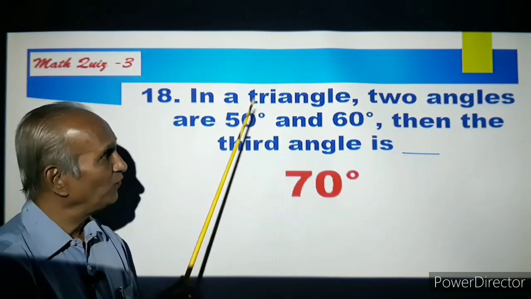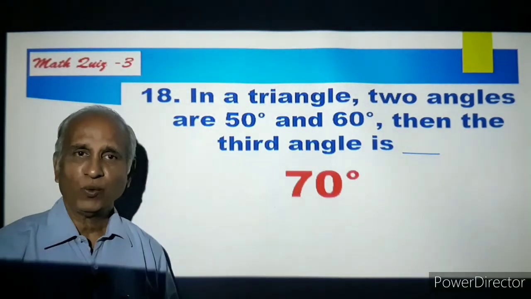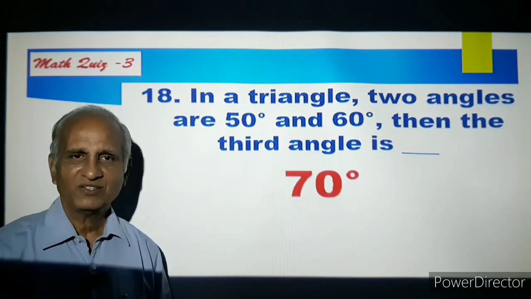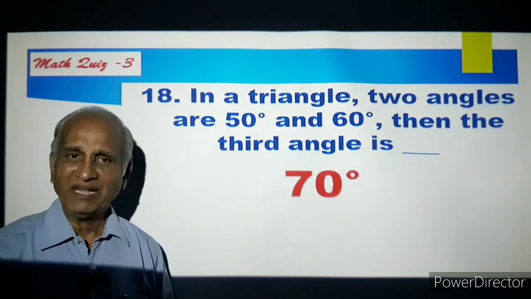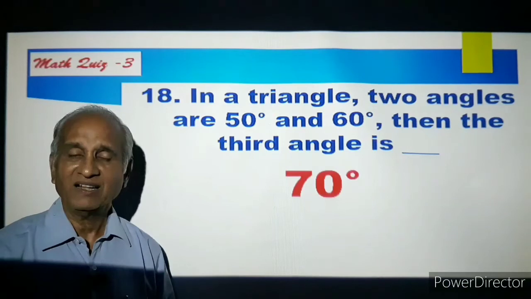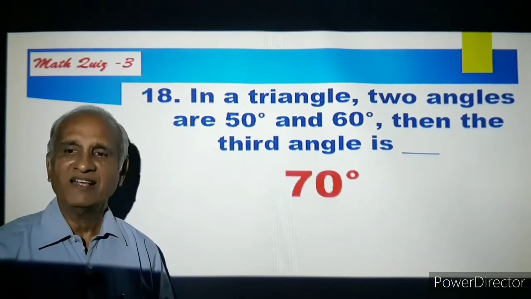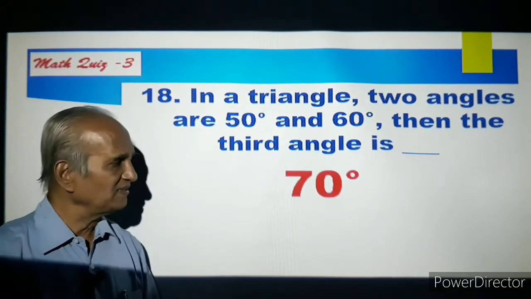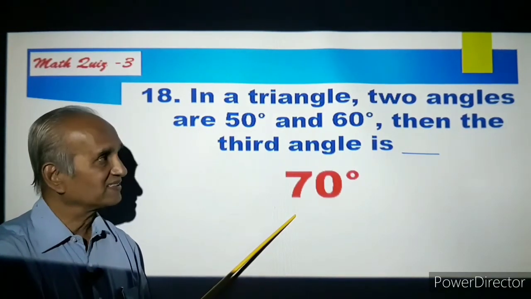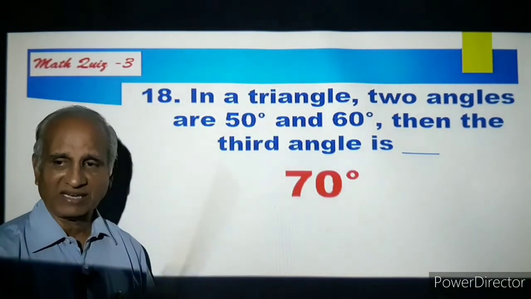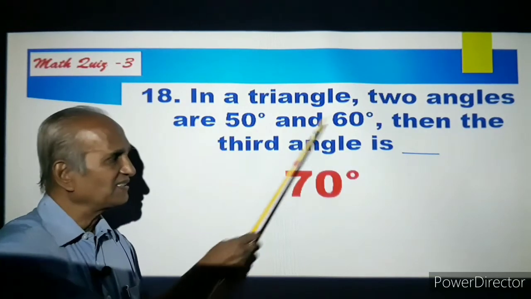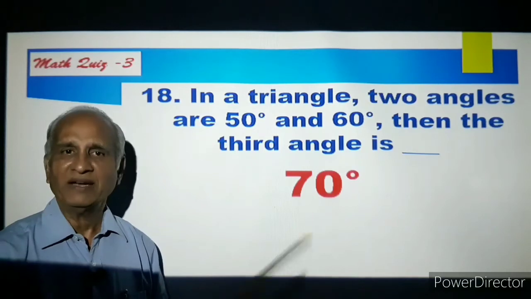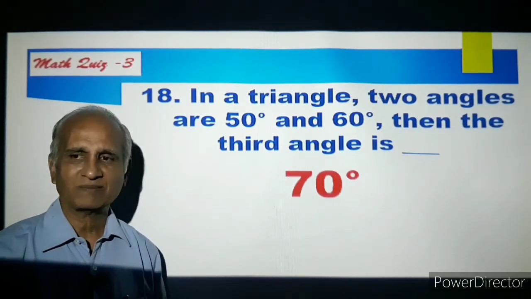One is 50, the other one is 60. What is their sum total? It is 110 degrees. So the remaining one, the third angle in the triangle is 180 degrees minus 110 degrees, that is 70 degrees. So the 3 angles of the given triangle are 50, 60 and 70 degrees. If you add them up, it is 180 degrees.